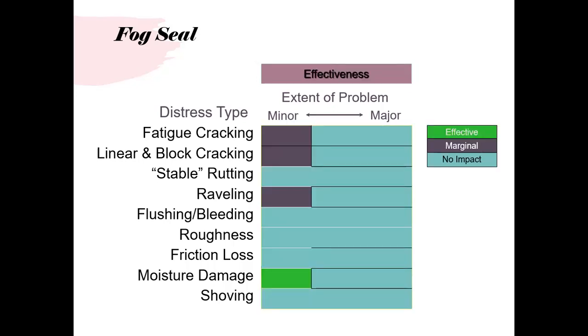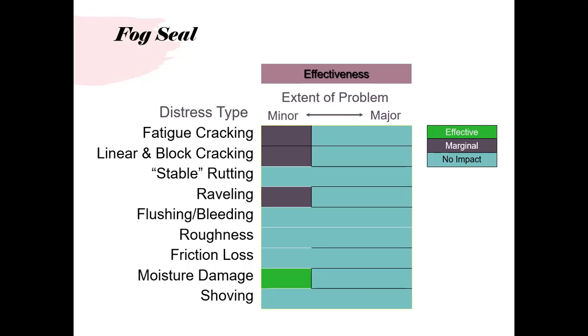Even if you do it, the effectiveness will only be good for moisture damage. Otherwise, even though you say it is for low-severity fatigue cracking, linear and block cracking, and raveling, the effect will be marginal, meaning not 100% of the problem will be solved.